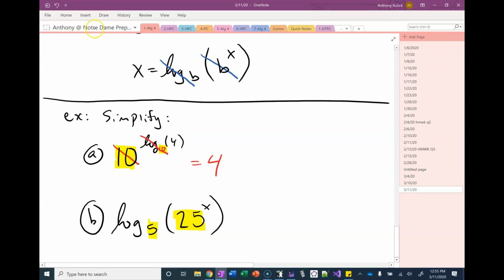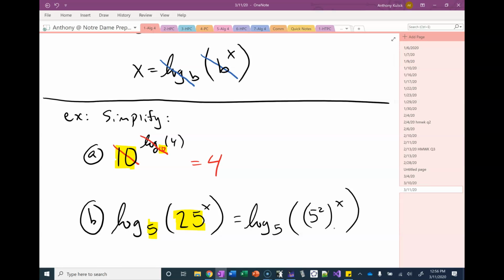However, is there a way for me to rewrite 25 so that it's an exponent with base 5? 5 squared. So I can do that, right? Is everybody okay with what we did there?